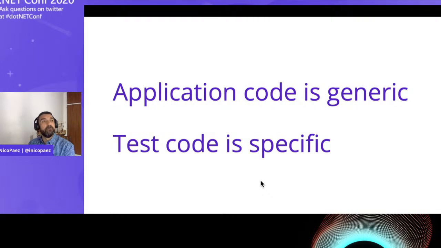In each test, you are addressing one specific test case, right? That implies that when you are testing your application, it's possible to have much more test code than application code, right? That's not infrequent when you practice test-driven development, right?